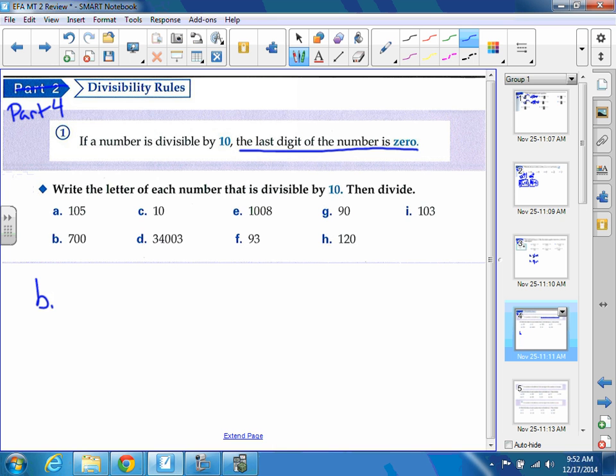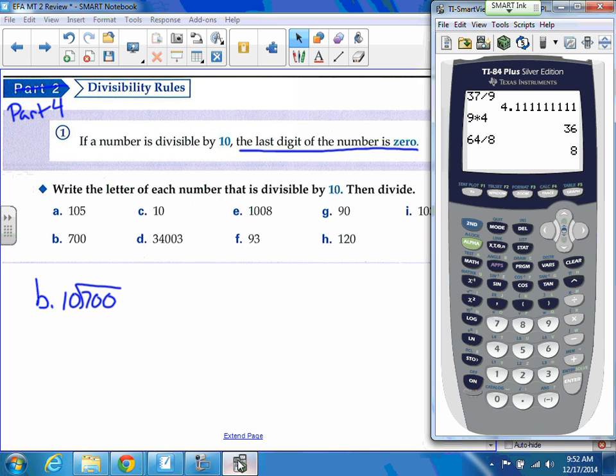Now I'm just going to take 700 divided by 10, and you can use your calculator here if you need to. 700 divided by 10 is going to be 70. Again, when you divide by 10, you're just dropping off the last 0.